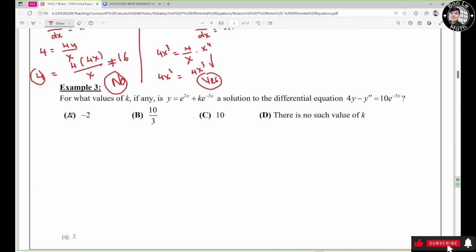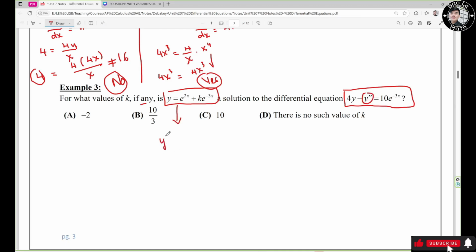Now, example number 3. For what value of k, if any, is y equals e to the 2s plus k times e to the negative 3s a solution to the differential equation 4y minus y double prime equals 10 times e to the negative 3s? Alright, so observe that you have y double prime here, so you need to take the second derivative of this one.